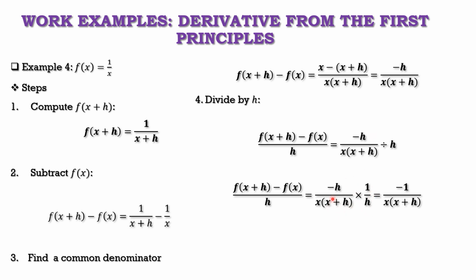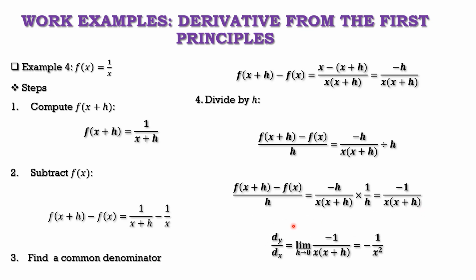Remember, h and h will cancel. Numerator will multiply numerator, denominator will multiply denominator, and we are going to end up with negative 1 divided by x into bracket x plus h.